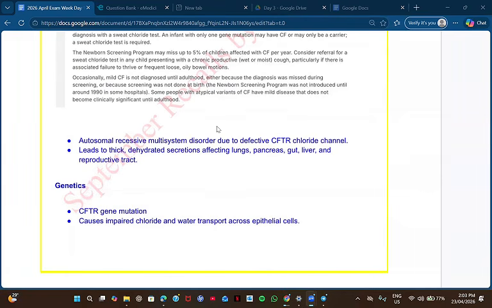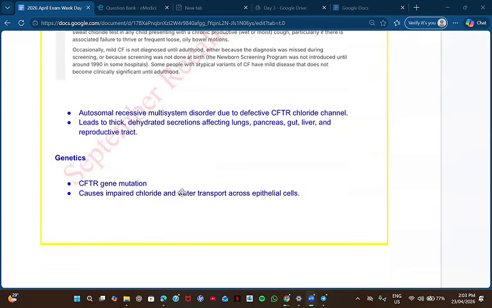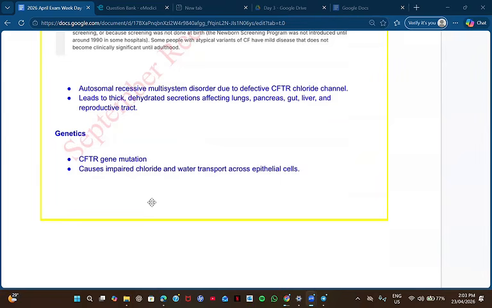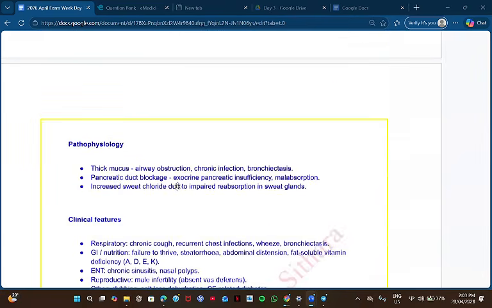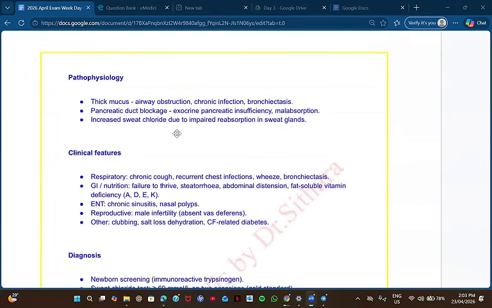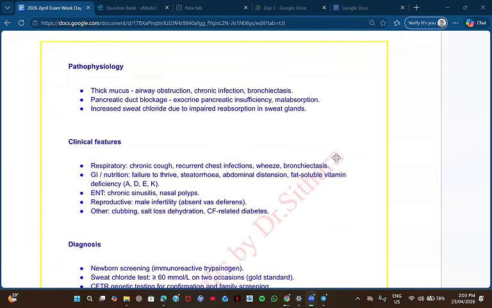Genetics: CFTR gene mutation causes impaired chloride and water transport across epithelial cells. Pathophysiology: thick mucus, airway obstruction, chronic infection, bronchiectasis, pancreatic duct blockage, so exocrine pancreatic insufficiency, malabsorption, and increased sweat chloride due to impaired reabsorption in sweat glands.